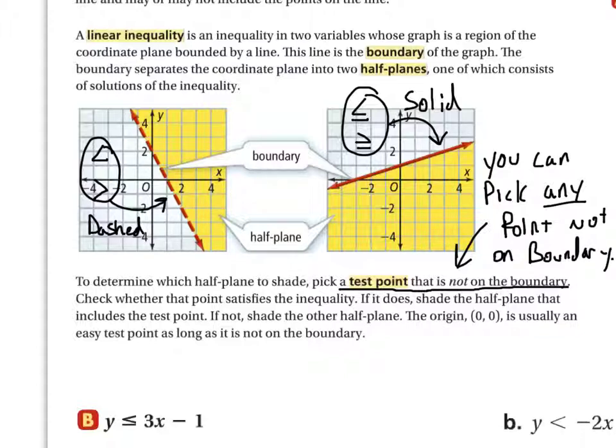There is no specific point you have to pick every time. You pick any point you want. Now, you take that point, you plug it back into the original inequality, and you solve it. You find out what it gives you.